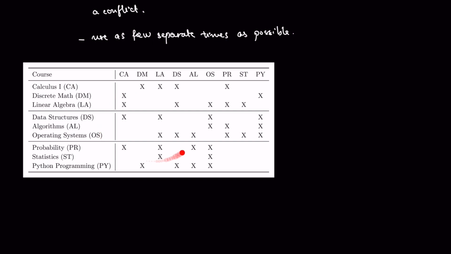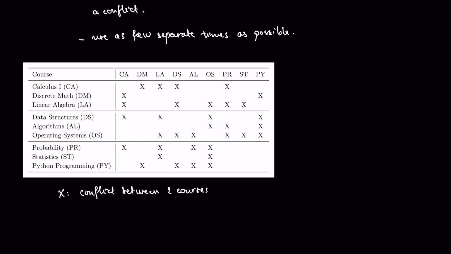So what you see on the table is that you have Calculus 1, abbreviated as CA, Discrete Mathematics abbreviated as DM, and so on and so forth. On the table, wherever you see the X, that means there's some conflict between the two courses. So that means there is a conflict between Calculus 1 and Discrete Mathematics.